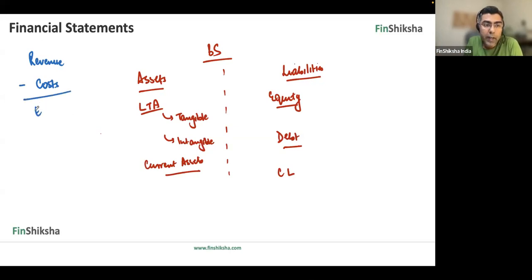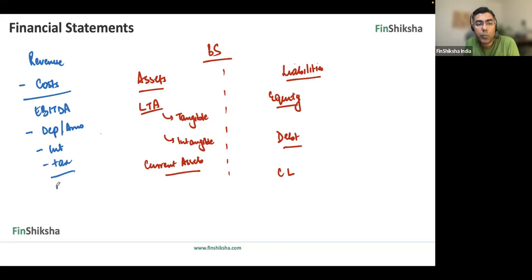That gives you what is called EBITDA, or operating profit, earnings before interest, tax, depreciation, and amortization, minus depreciation slash amortization minus interest minus tax gives you profit after tax, right? So I won't spend too much time digging into this. You probably already know about some of this, and there's enough material available on this, so you can go and check that out. Let's jump right into our case at hand, which is HUL, right?